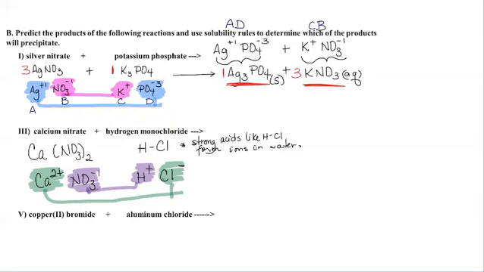So my two new compounds are going to be Ca2 plus, Cl minus 1. And on the other side, I'm going to have H plus, NO3 minus 1. So the chemical formula coming out of this is going to be CaCl2. The chemical formula coming out of this is going to be HNO3.